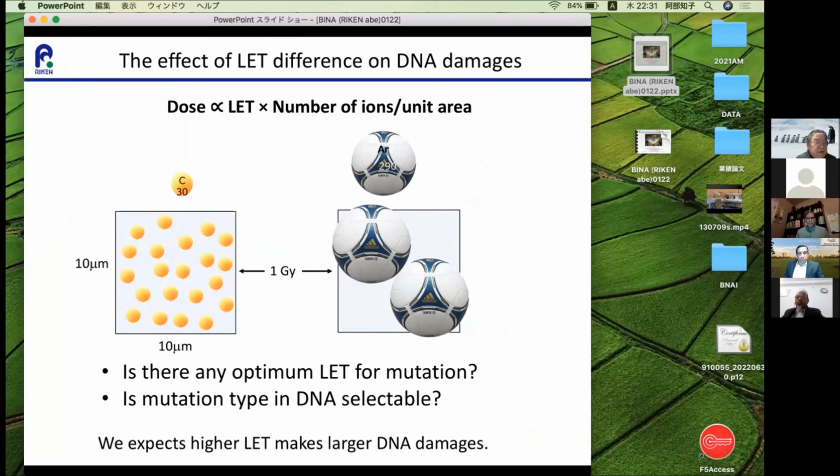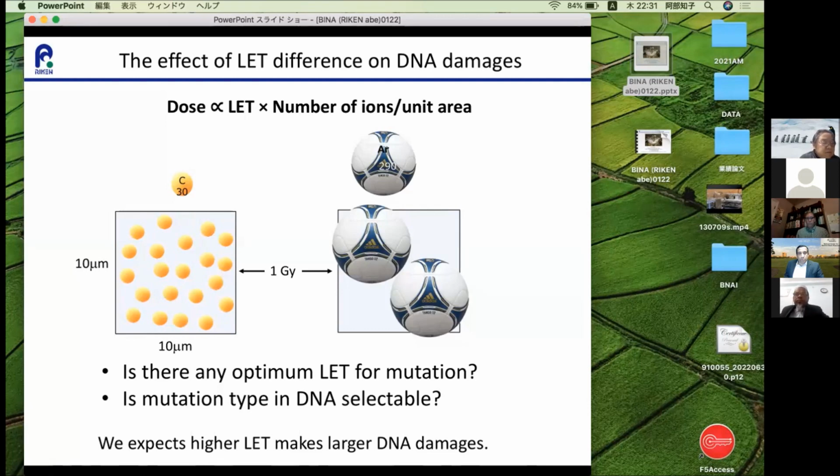It is important that when LET becomes larger under the same dose, the number of ions decreases. It will reduce the possibility of damaged DNA. This figure shows images of carbon ion and argon ion irradiated under the same dose conditions.